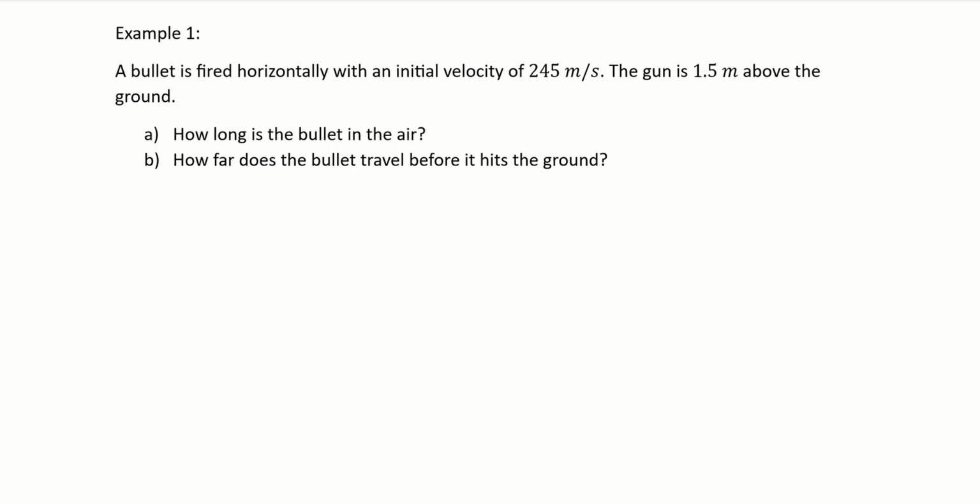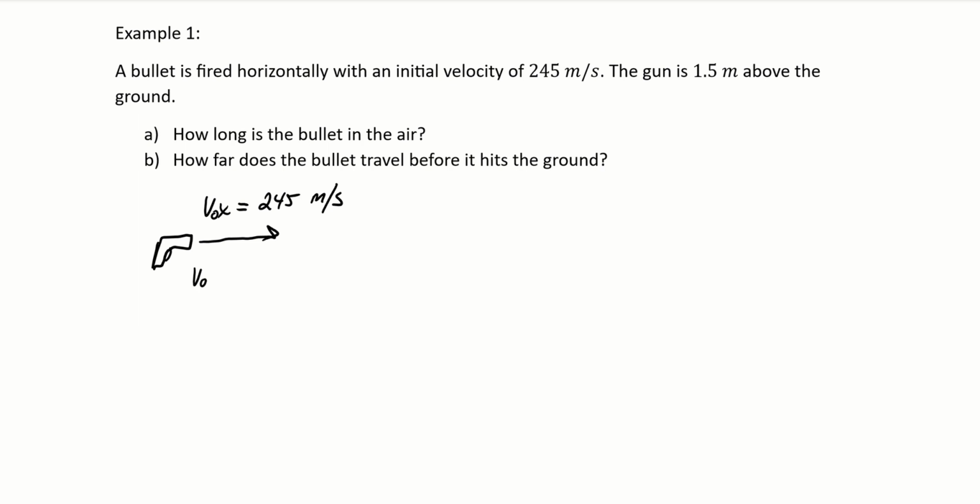Okay, so let's take a look at what we know. I'm going to draw a picture. So here's my gun, and I have a bullet flying out. And so I know that my initial velocity in the x direction is 245 meters per second.